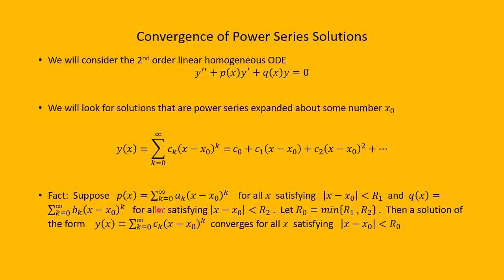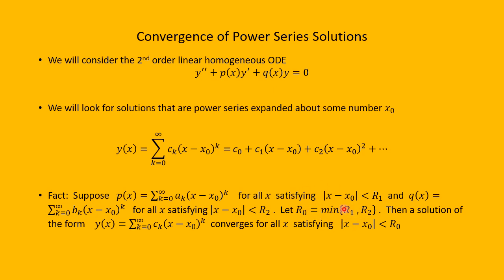Then we conclude in this fact that we can write y(x) as the sum of c sub k times (x minus x naught) to the k, and this power series will converge for all x satisfying the absolute value of x minus x naught less than R naught, the minimum of those two R's.